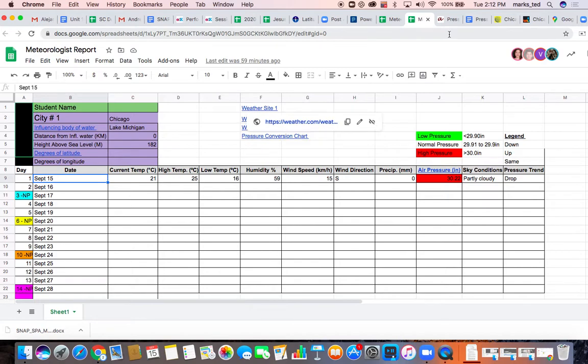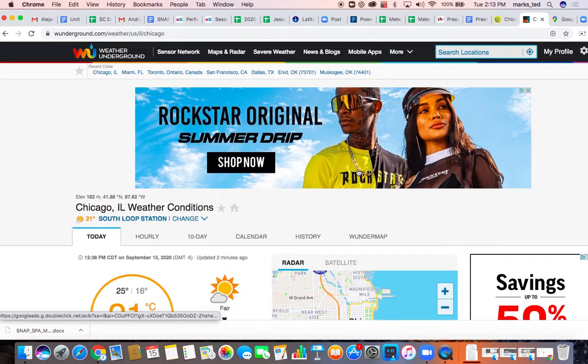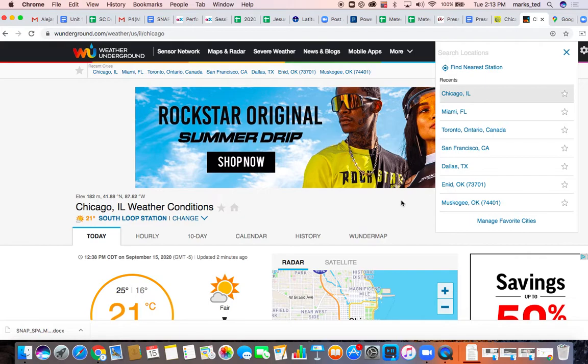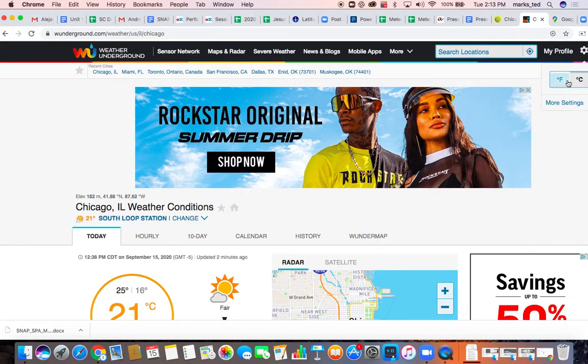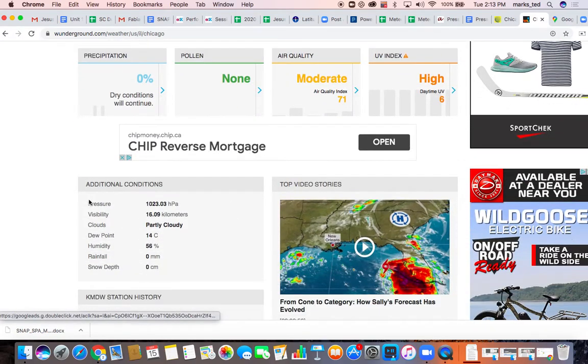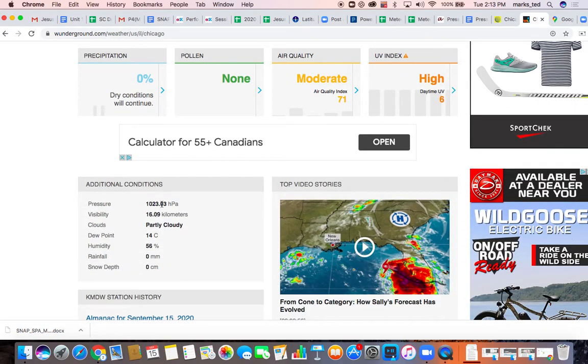Website 2 seems to be the easiest to find the weather. It's called Underground Weather, and we just type in Chicago here. I want to make sure I'm in Celsius here. Then I can find things like current temperature, high temperature, and low temperature. This is sky coverage. Air pressure is here.